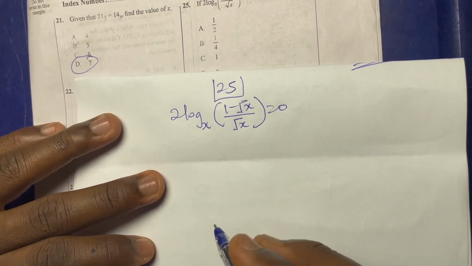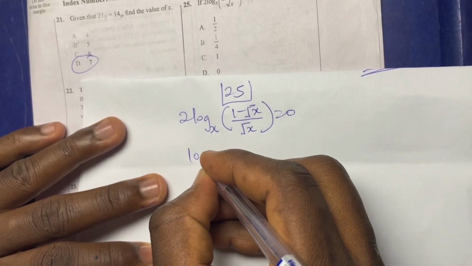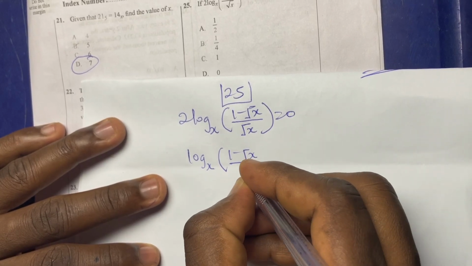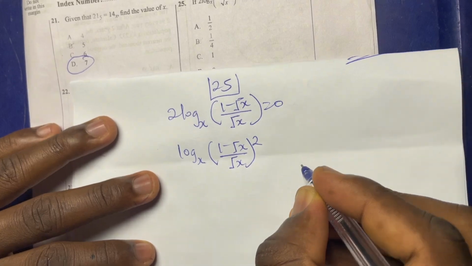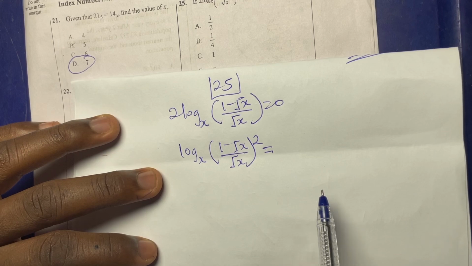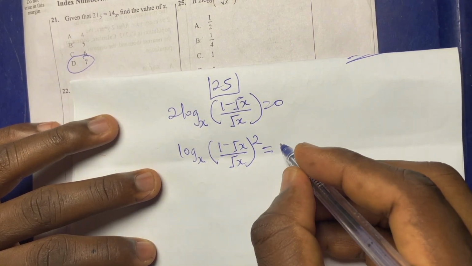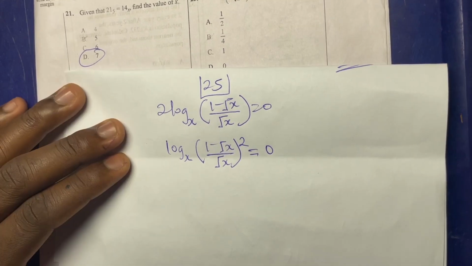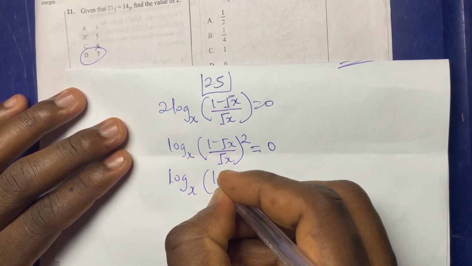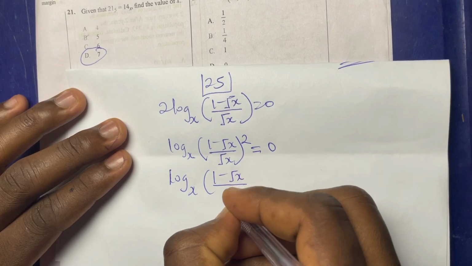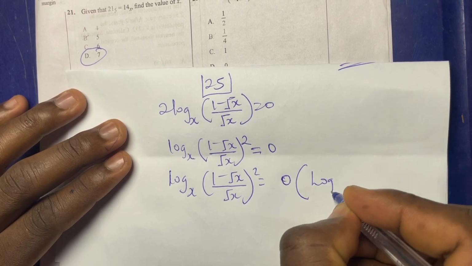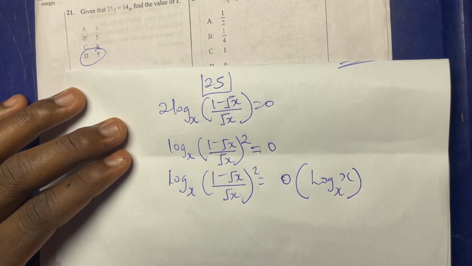So we can actually say that if log x (1 minus root x) over root x squared equals 0, we can write it as 0 times log x base x.